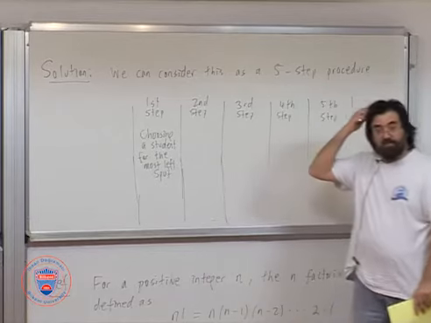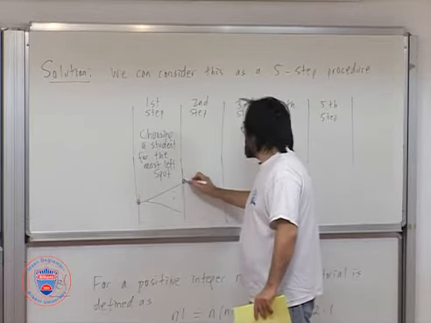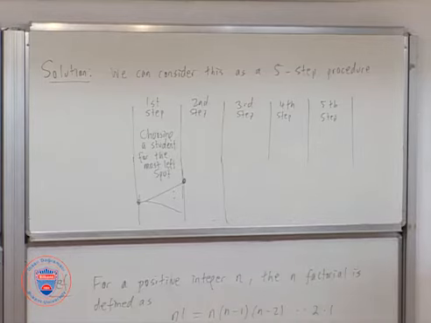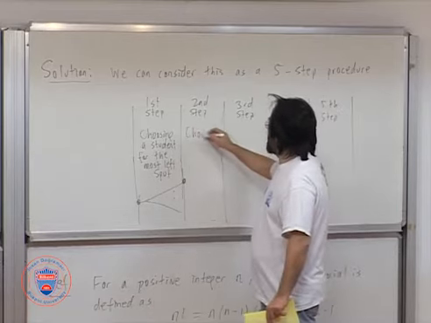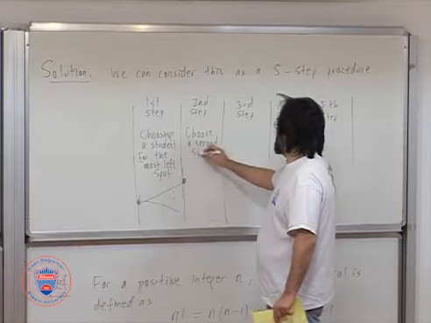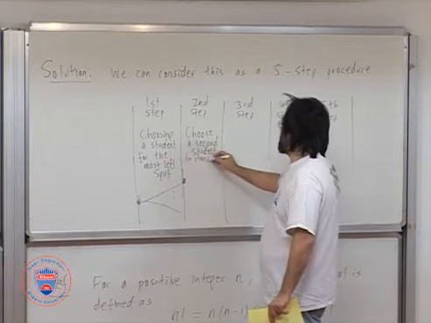Once you do this, your second step will be independent from who you choose: choose a second student to stand next to the first student.